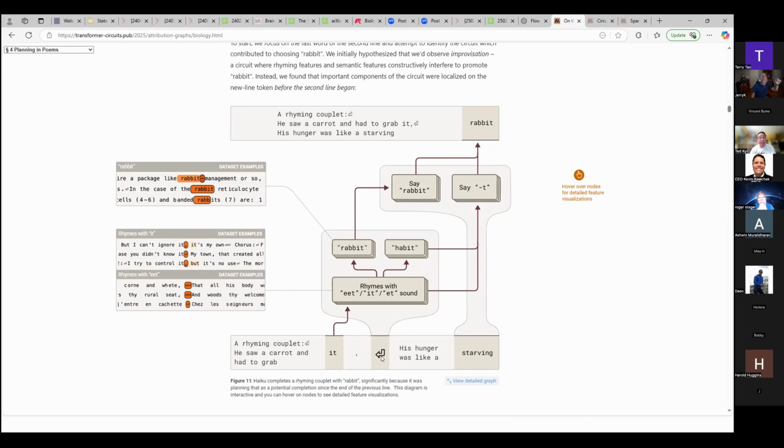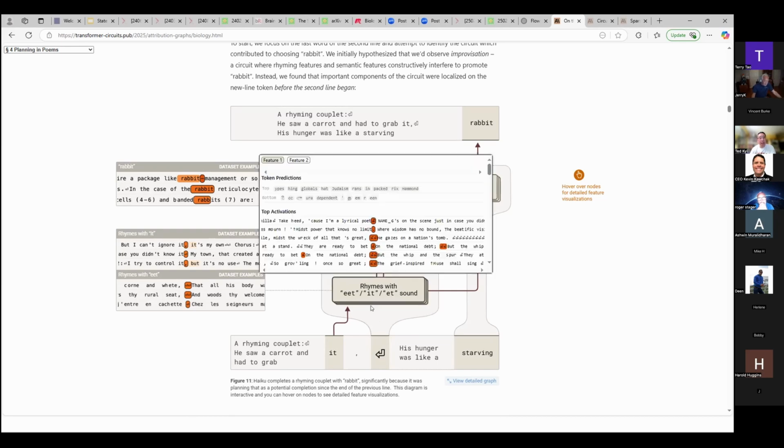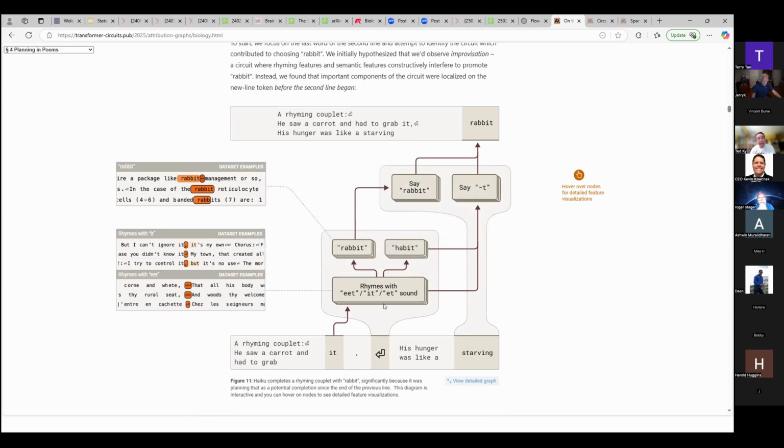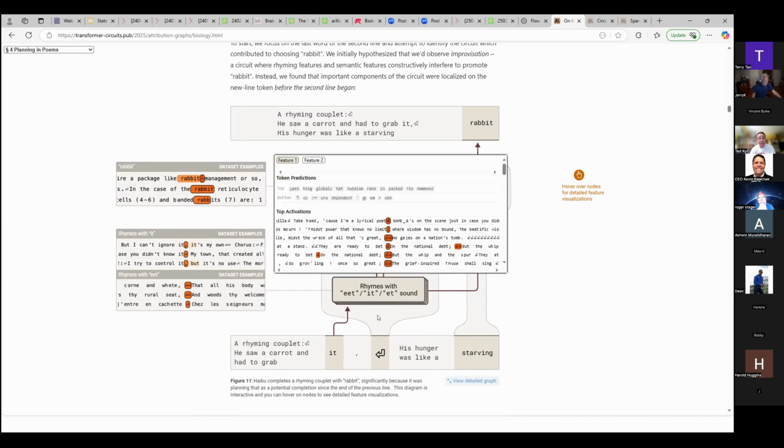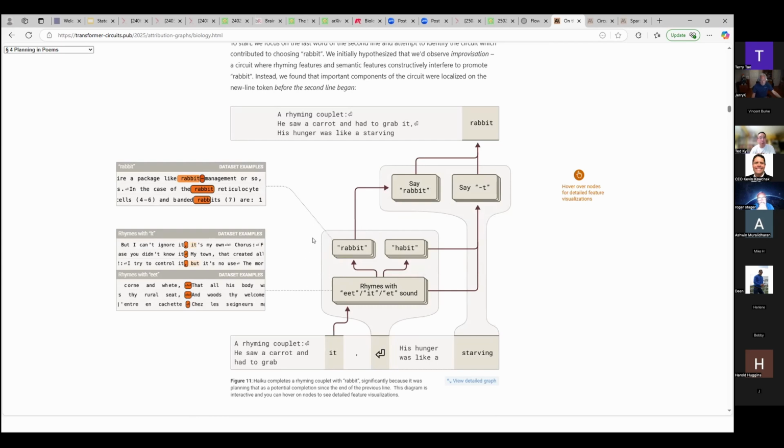And it's basically thinking to itself, ooh, what are verbs that rhyme with "eat," "it," "et" endings? And I have two candidates, rabbit and habit. And so the words rabbit and habit appear in the LLM before it has even started the next line.